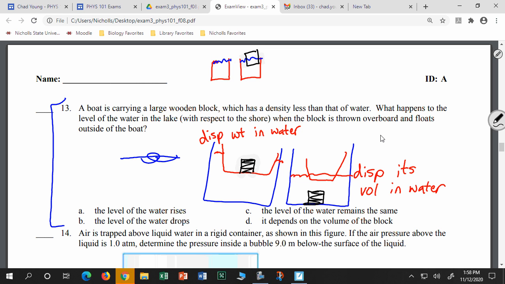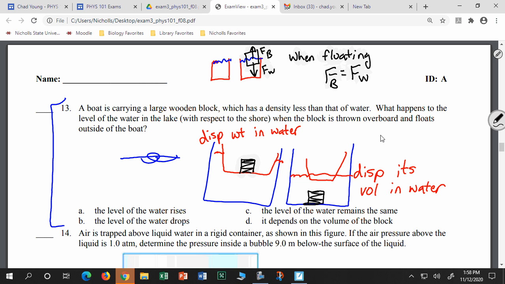They're the same, right? The key here is that the buoyant force is equal to the weight. When floating, the buoyant force is always equal to the weight of the object. Can I repeat that? When an object is floating, the buoyant force is always equal to its weight.